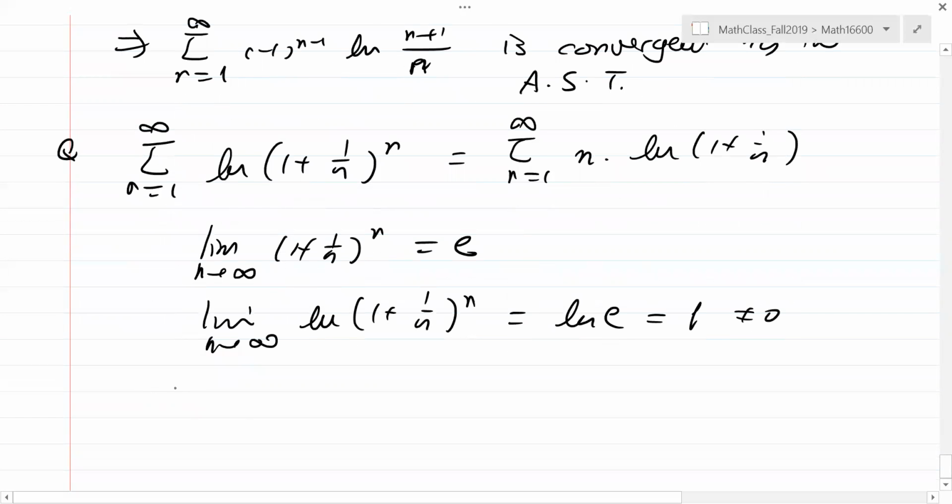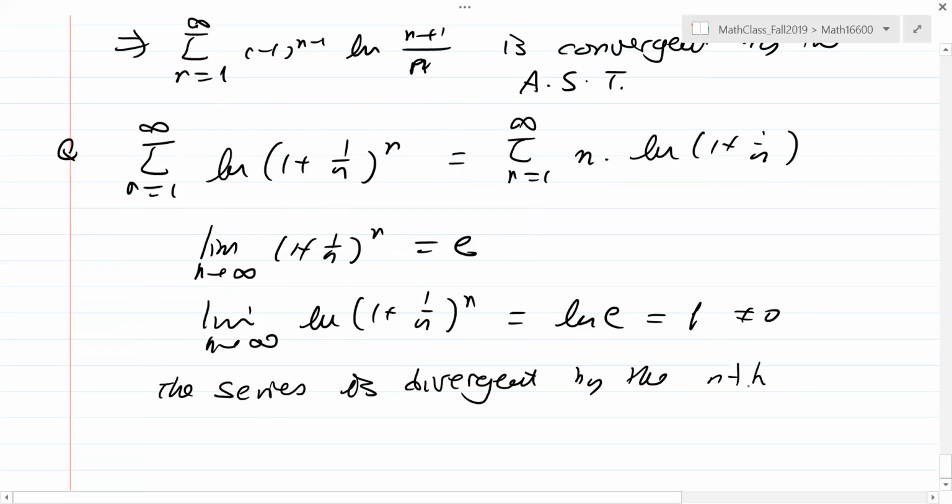So therefore, the series is divergent by the nth term test for divergence. Because the nth term test can only be used to prove divergence of a series.